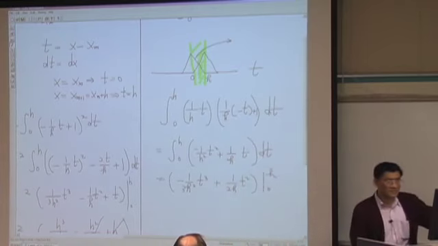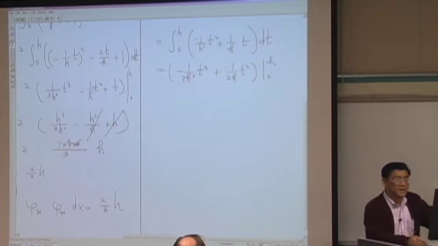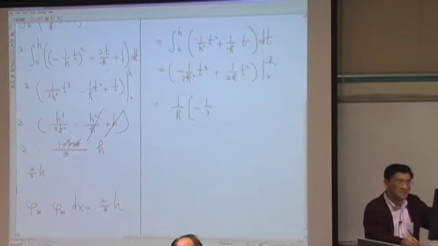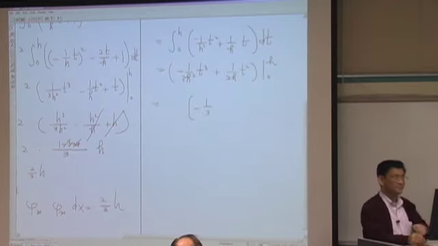And afterwards, what happens? The common factor is 1 over h, then minus 1/3, and 1, sorry for the mistake, h is the common factor.